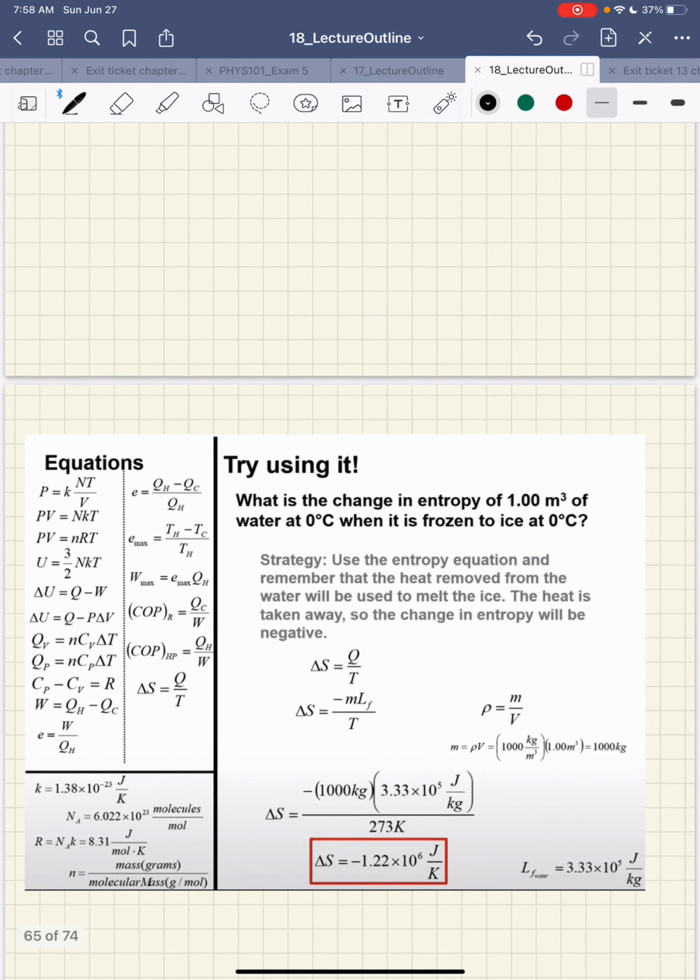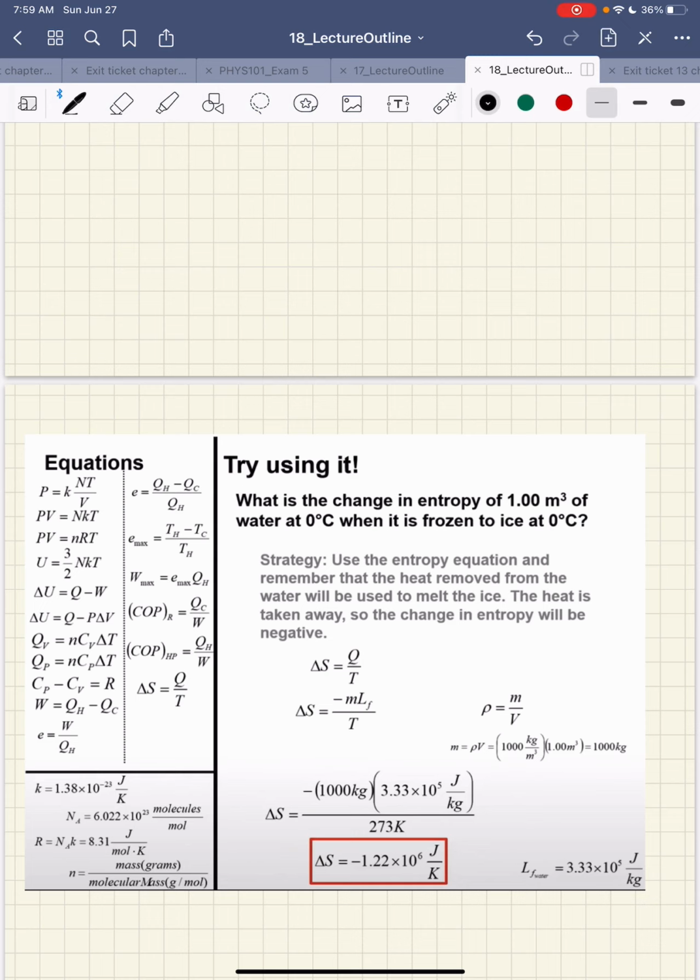What is the change in entropy of 1 cubic meter of water at 0 °C when it is frozen to ice at 0 °C? Now, here we will use the heat removed from the system to find the change in entropy when it is converted into ice.